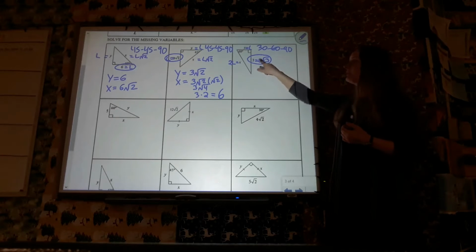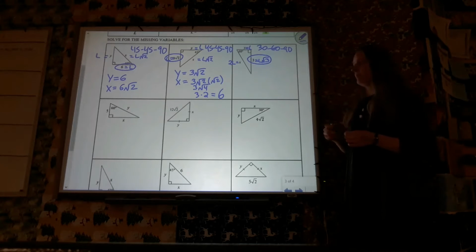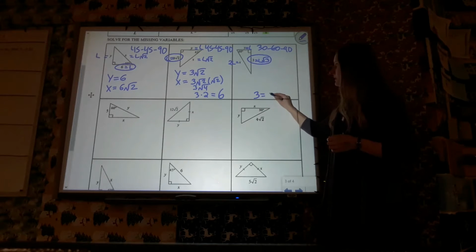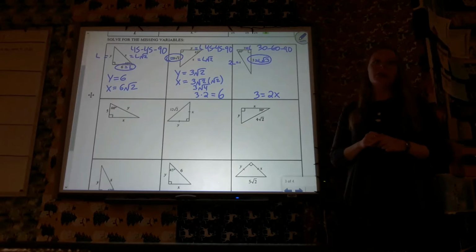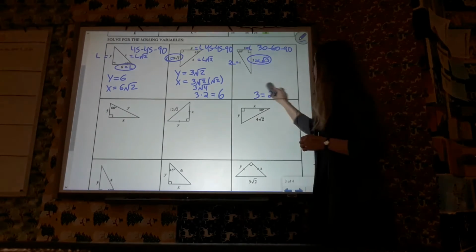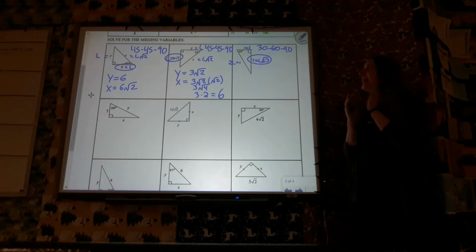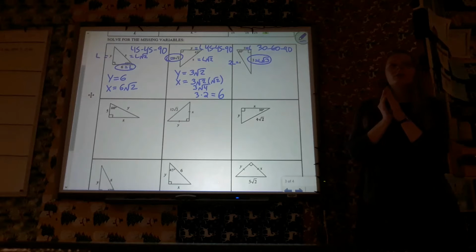How would I solve for L? I'll give you a different example. If I have 3 equals 2x, how would I solve for x? You divide by 2, right? So, take that same idea and apply it here. If I have 3 equals L, which is our variable, times the square root of 3, what would I do to solve for L?